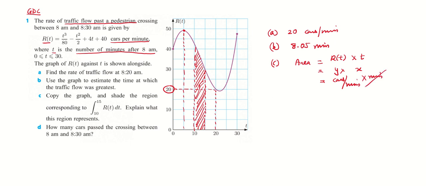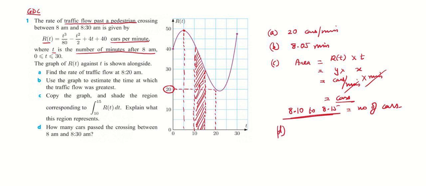If you multiply that, you'll get the number of cars. So this will tell you the number of cars that will pass the pedestrian between 8:10 and 8:15. So this is how you have to interpret it.